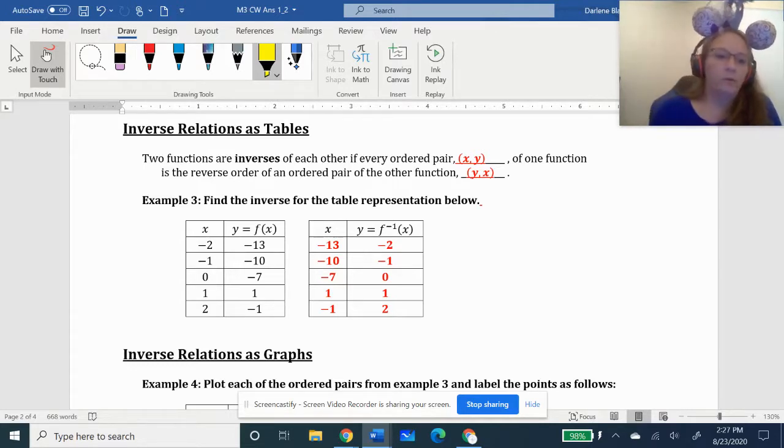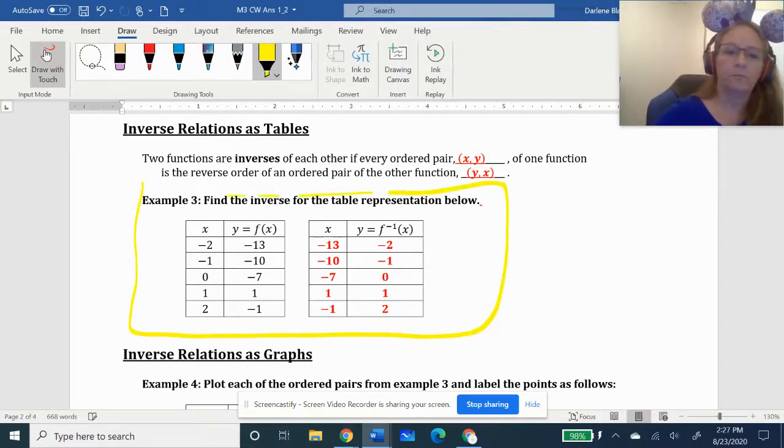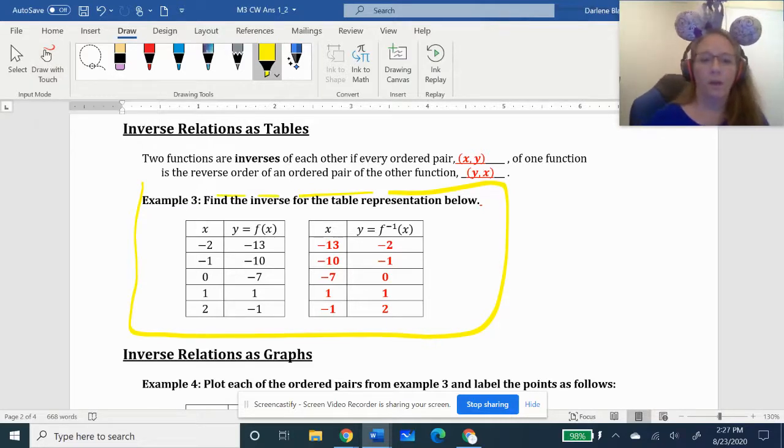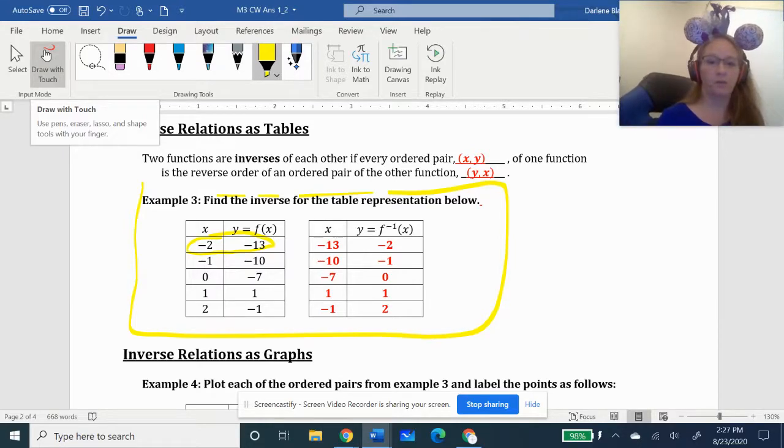Now, if you are trying to find the inverse function through a table of values, as example 3 is doing, then all you are doing is just taking them and swapping. What was negative 2, negative 13 is now negative 13, negative 2.